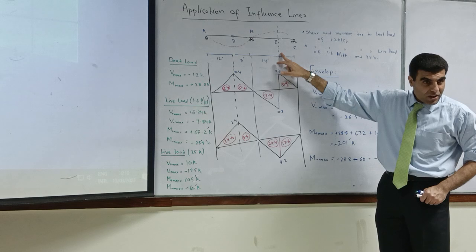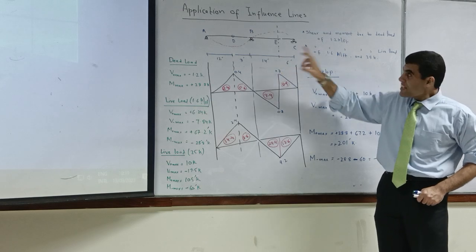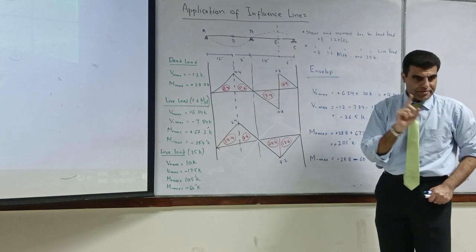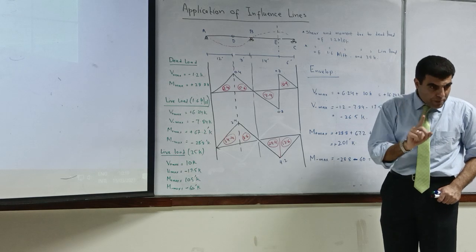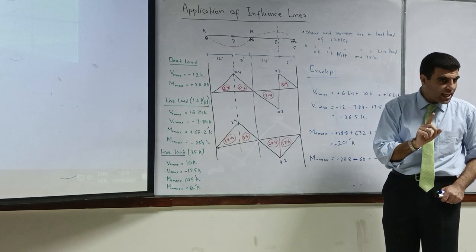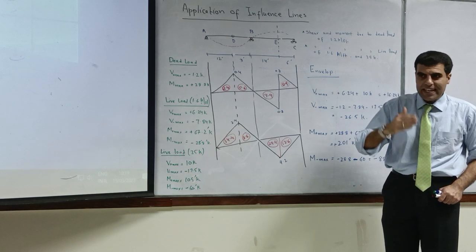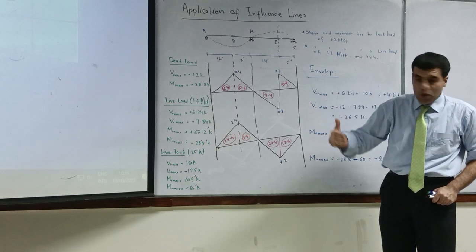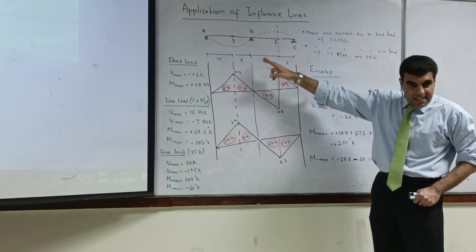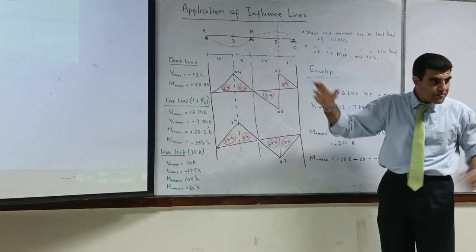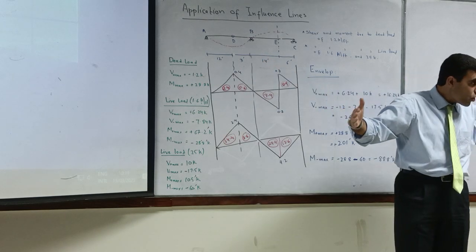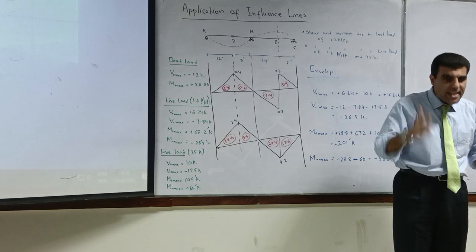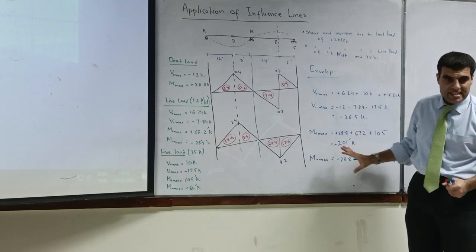But this is for only one section. In bridge engineering, what did I tell you? That we have to find it out for every 10th location. So if it's a 60 feet long bridge, at every 6 feet we do the same exercise.